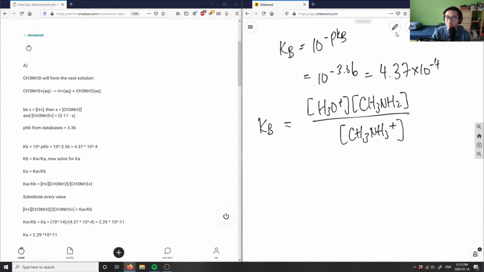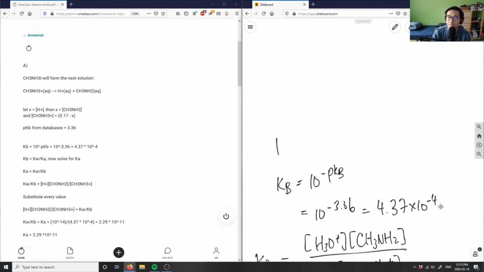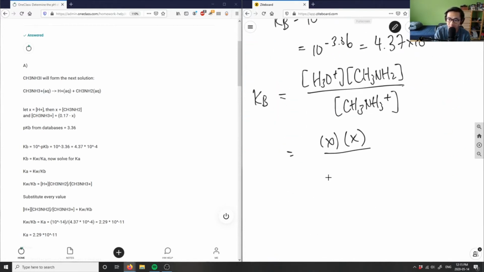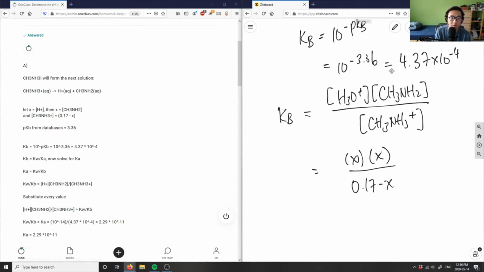Given this, my concentration of hydronium is X, this is also X, and as found in my ICE table, the CH3NH3+ is 0.17 minus X.